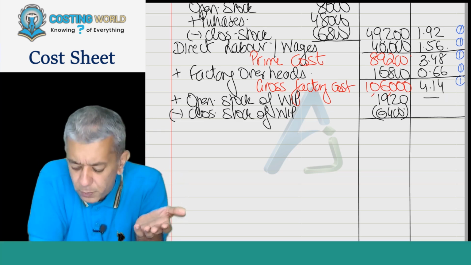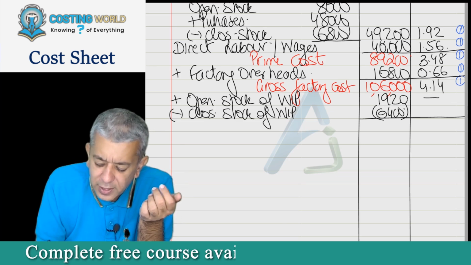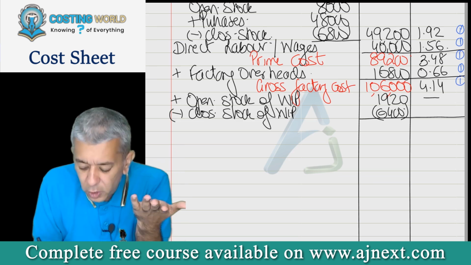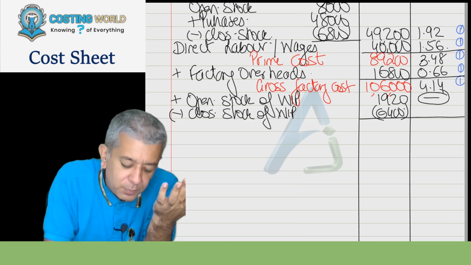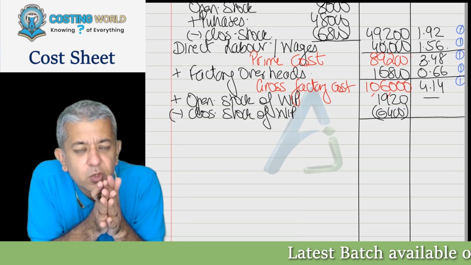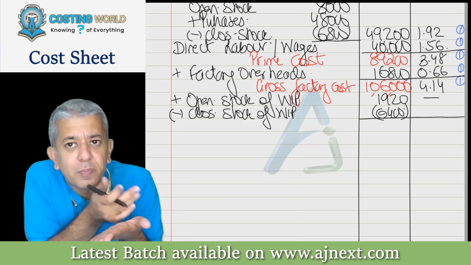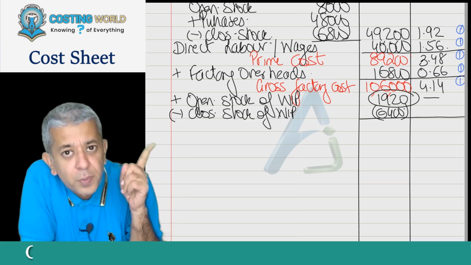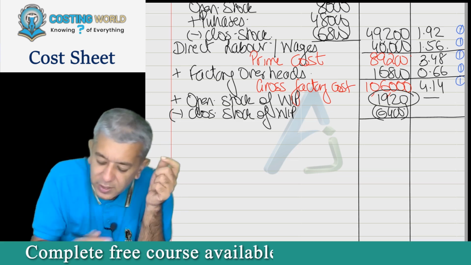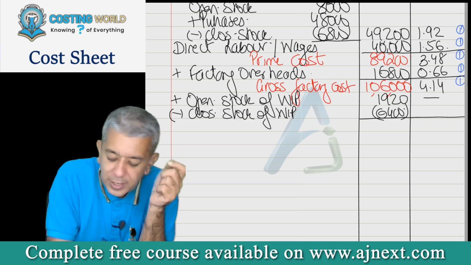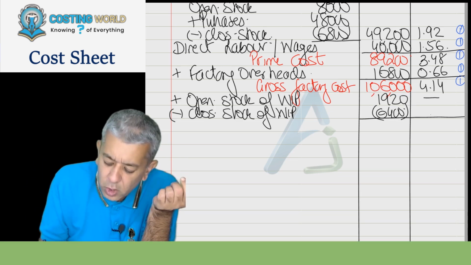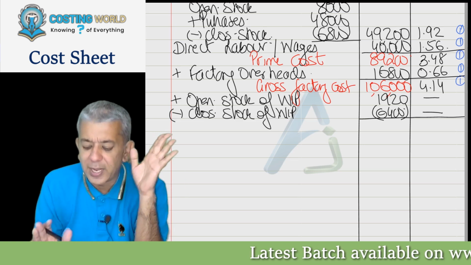So, therefore, no option but to be putting dash over here because we do not have those quantities. If we will have WIP quantities, then in that case, this figure I will divide by opening stock of WIP quantity. This figure I will divide by closing stock of WIP quantity. But in case I do not have, no other option than to be putting dash over here. Put dash over here, please.